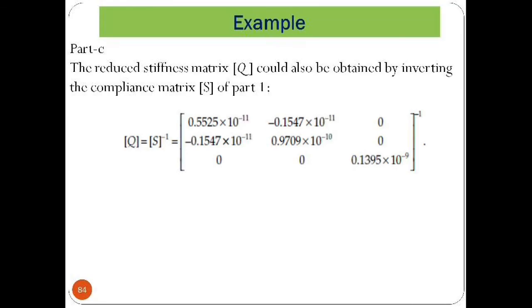The reduced stiffness matrix Q could also be obtained by inverting the compliance matrix, that is capital S. Directly, if we invert this matrix, then we will have the Q matrix. Q matrix does mean the reduced stiffness matrix.